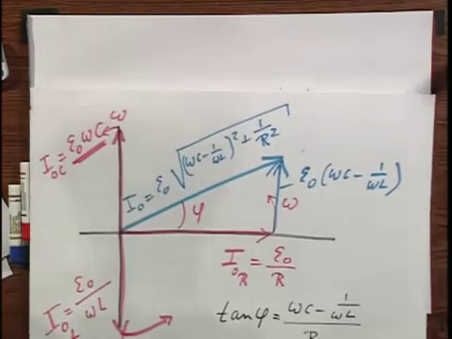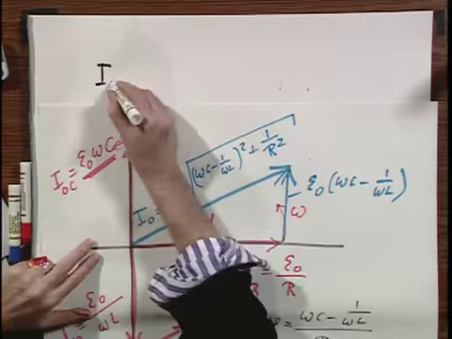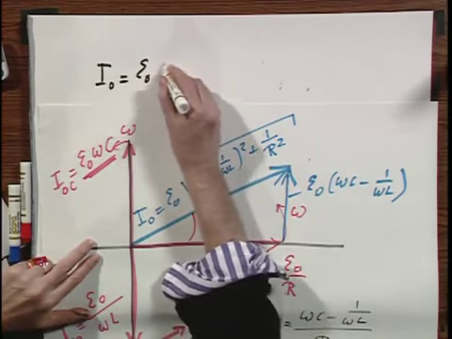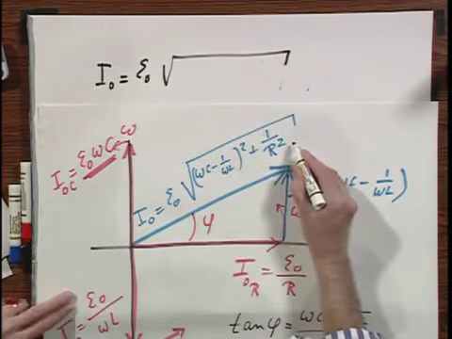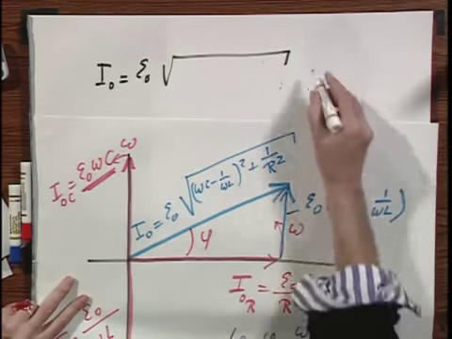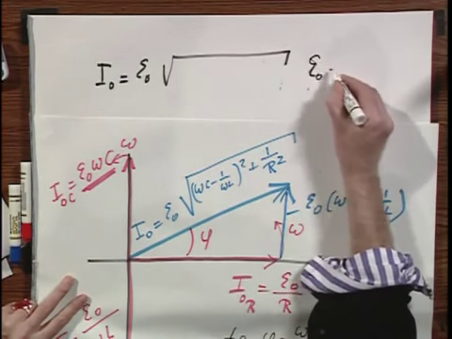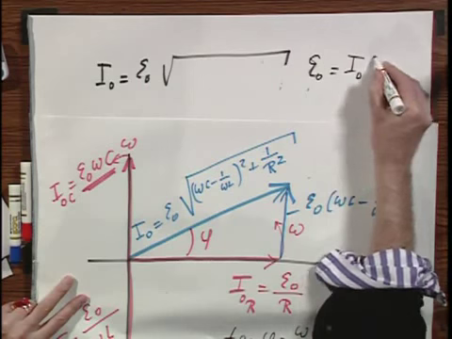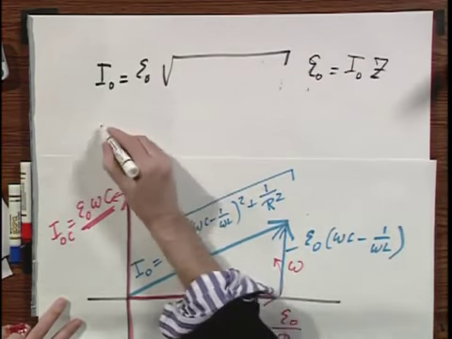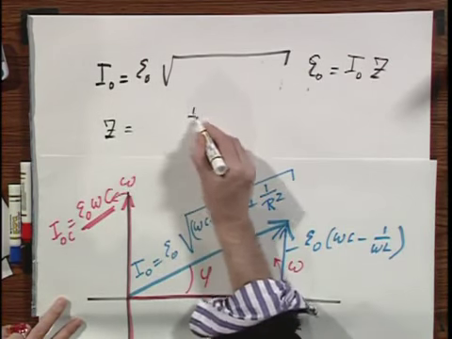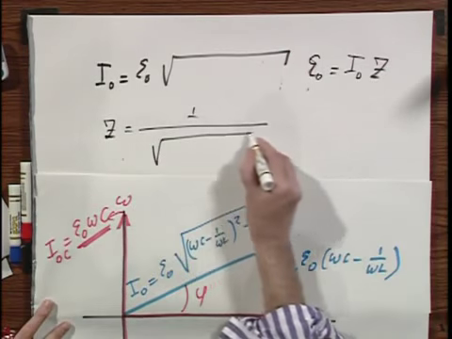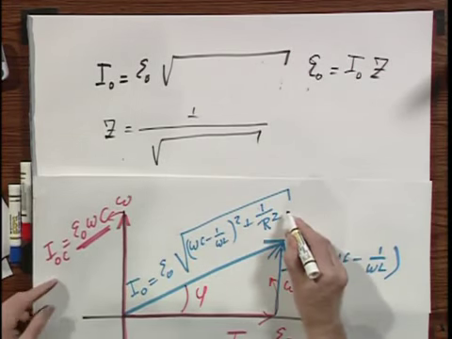And I0 itself would then be E0 times this monster. And since E0 per definition equals I0 times the impedance Z, Z equals 1 divided by this monster.